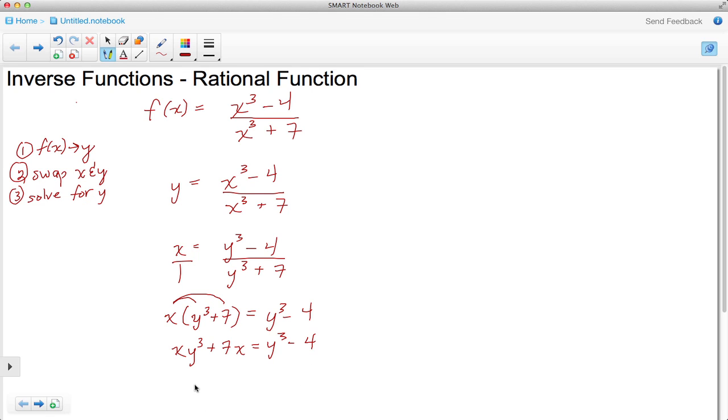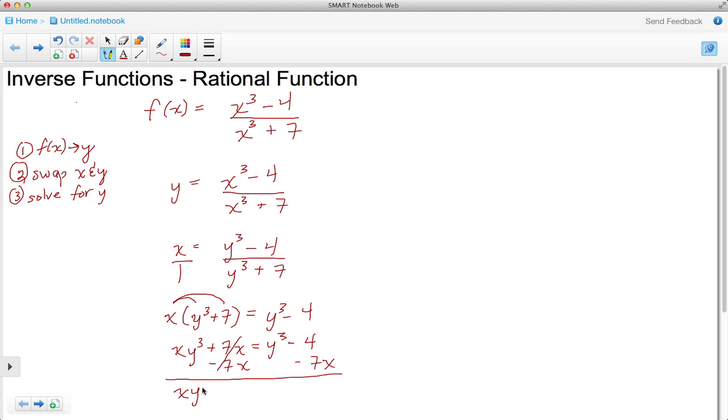Now I need to group my x's to one side. I need to group my y's to one side. So any term that has a y, I'm going to move to the left, and the terms that have x, I'm going to move to the right. So here I'm going to end up subtracting a 7x from both sides. All right, these 7x's cancel because one is positive and one is negative.